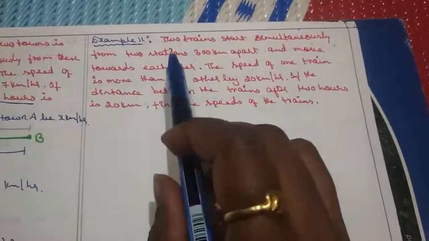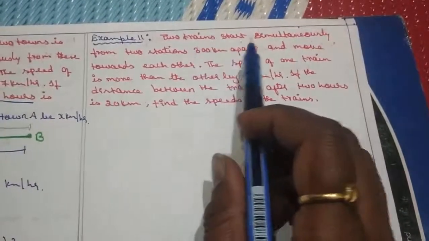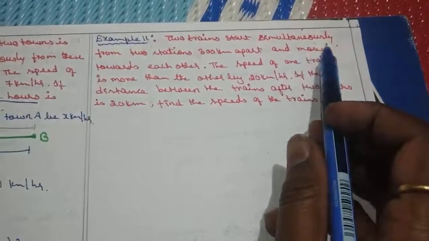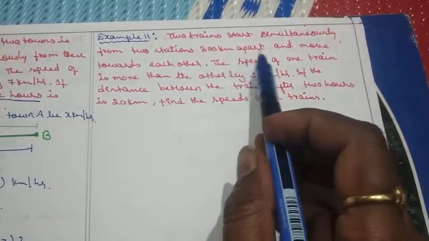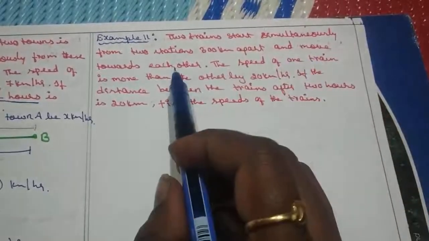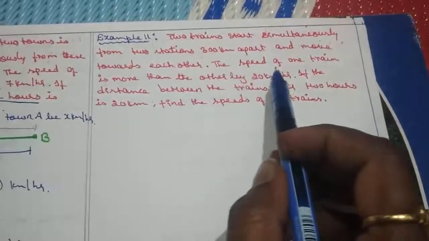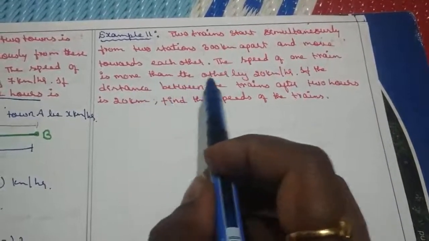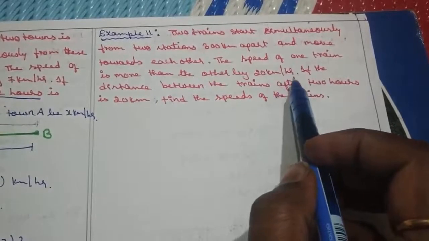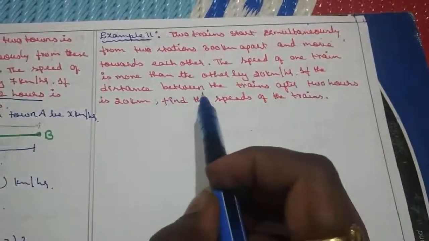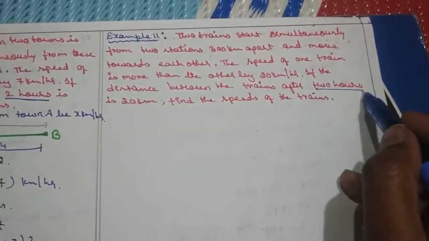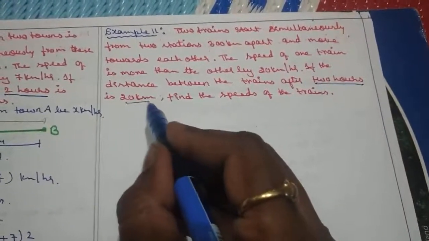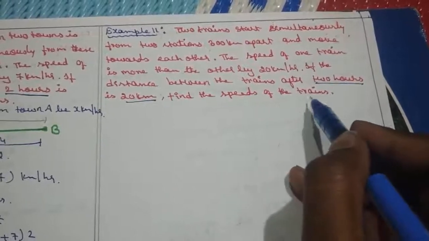Example 11: two trains start simultaneously from two stations 300 kilometer apart and move towards each other. The speed of one train is more than the other by 20 kilometer per hour. If the distance between the trains after 2 hours is 20 kilometer, then find the speeds of the trains.